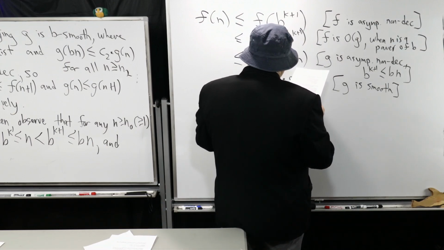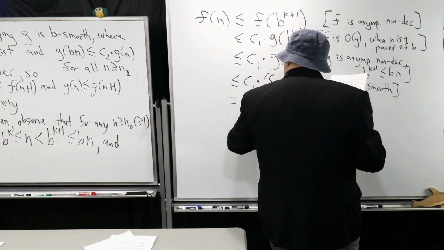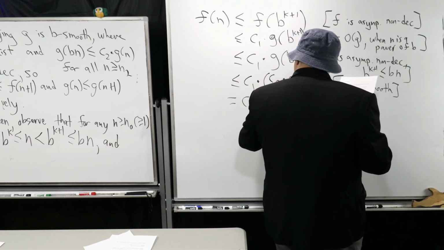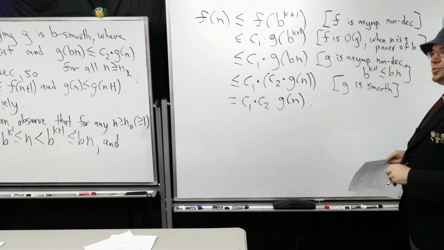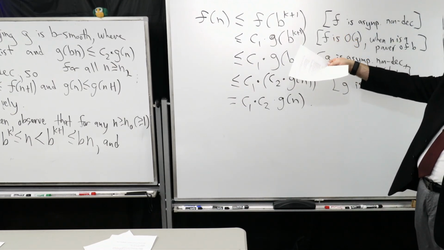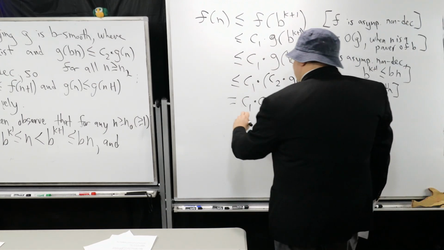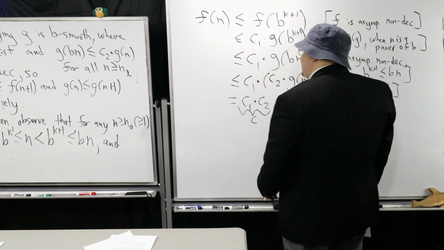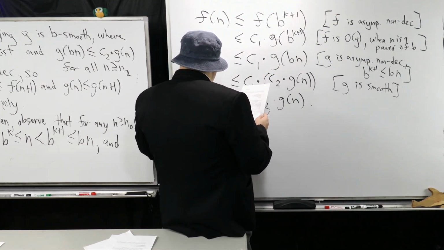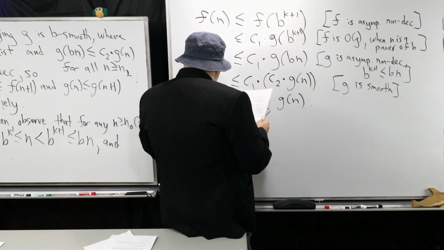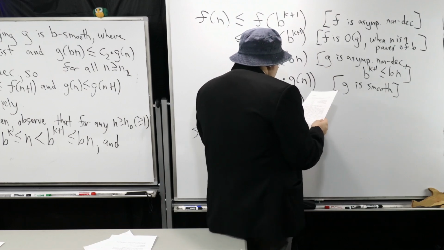And lastly, I'm going to put this all together. So I have C1 times C2 times g of n. But what could you pick for C then? Now you have f of n is less than or equal to C1 times C2 times g of n. Well, there's C right there. So we're just going to select C equal to C1 times C2.